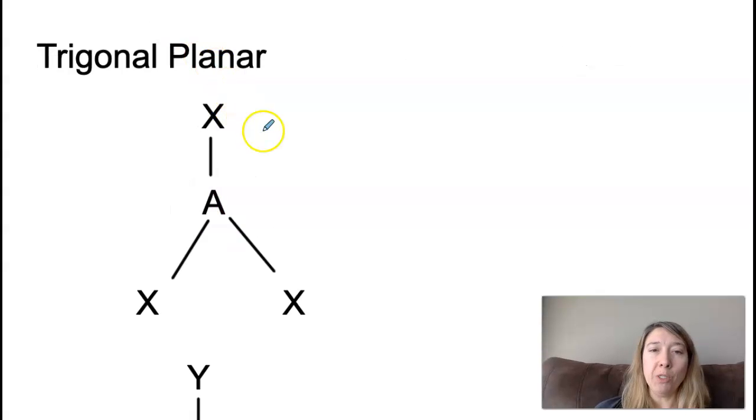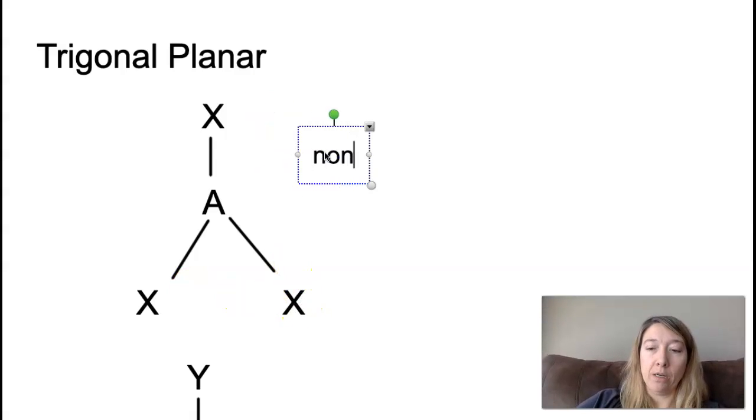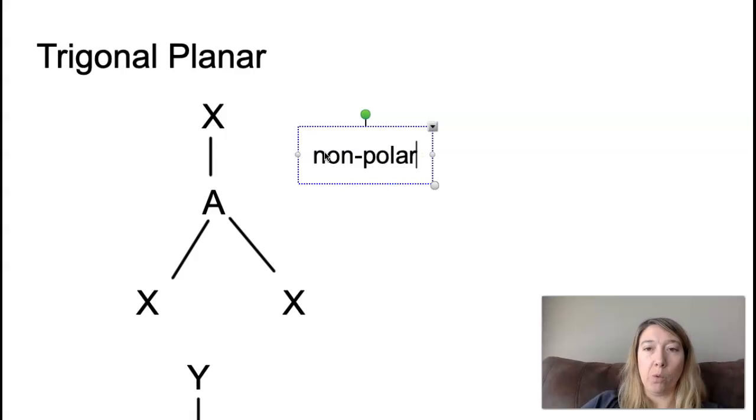Okay, next shape is trigonal planar. So we have two options. When it comes to trigonal planar, we have the option that all of our non-centrals are the same. So if we find that all of the non-centrals are the same, because we have no lone pair, this is going to be non-polar, because again, they're all pulling with equal and opposite force, so they are going to cancel each other out.